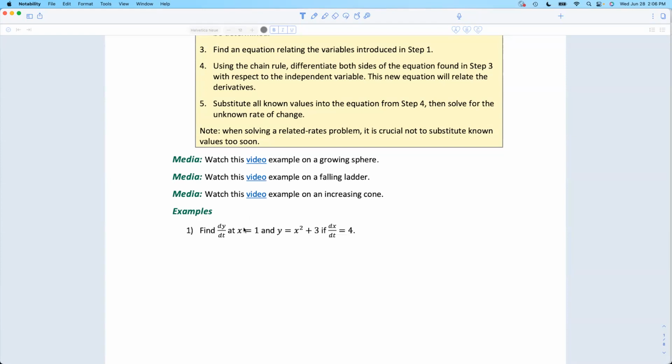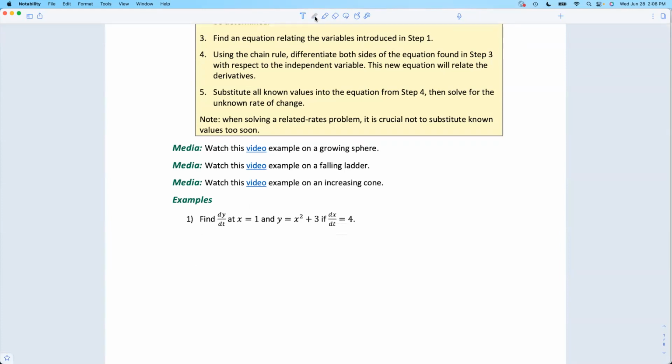Okay, so we have some relationship between X and Y. I'm just going to write down my function that I have here. Y equals X squared plus 3. I want dy dt when at the particular moment X is equal to 1. I don't know the time.